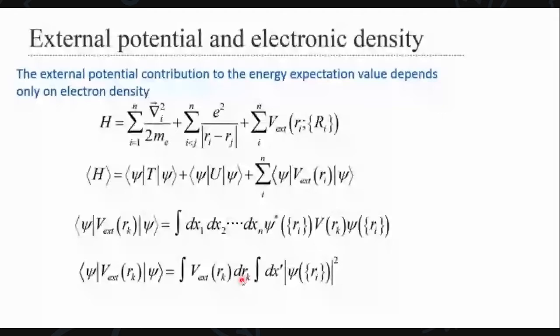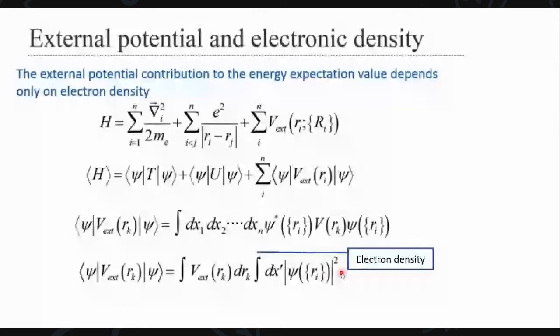I am left with all variables except Rk, and then times the wave function squared. And this term is actually the electron density, as I showed in the last slide, that the square of the wave function over all the available degrees of freedom gives us the electron density.